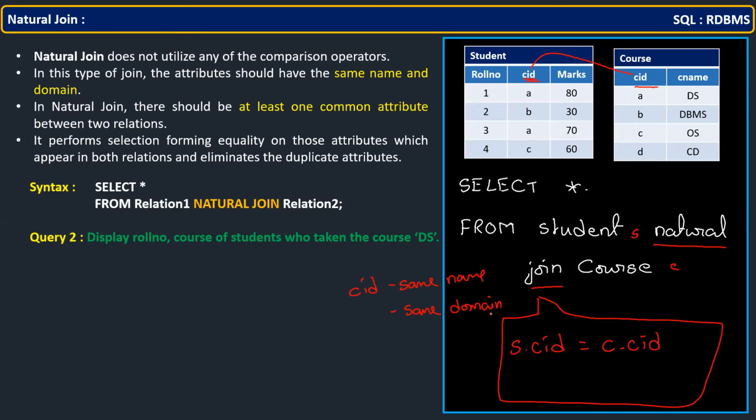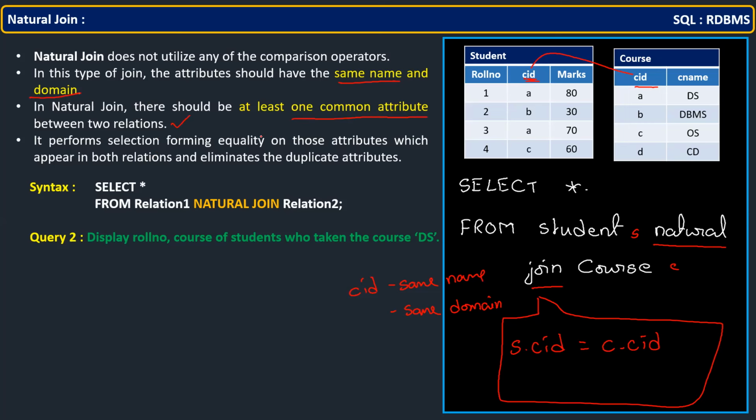If the data type is different, how will it put an equal operator, right? If these two are satisfied, then it will automatically put a condition. So that is the natural join concept. The join attribute should have the same name and domain, just a common sense thing. In natural join, there should be at least one common attribute.